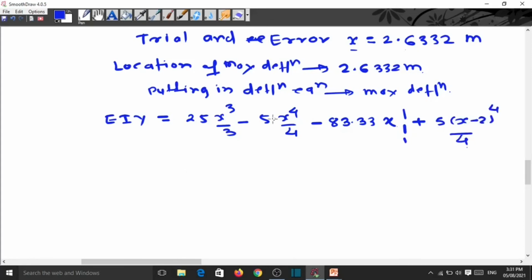Here when we put x is equal to 2.6332, this y becomes y max.